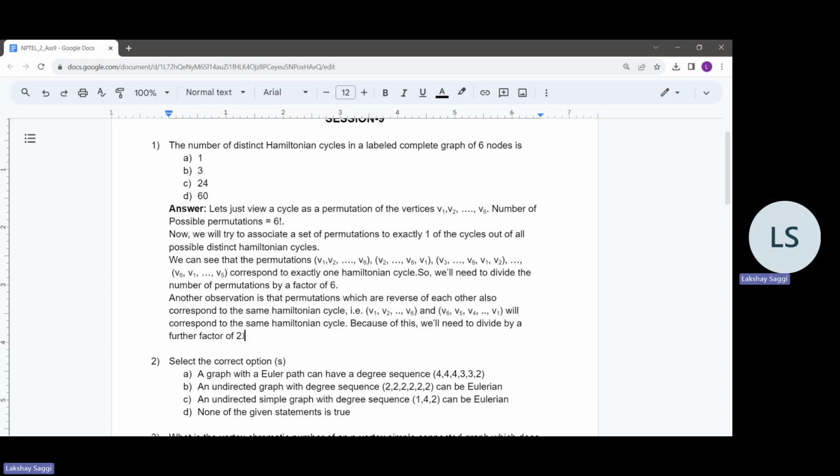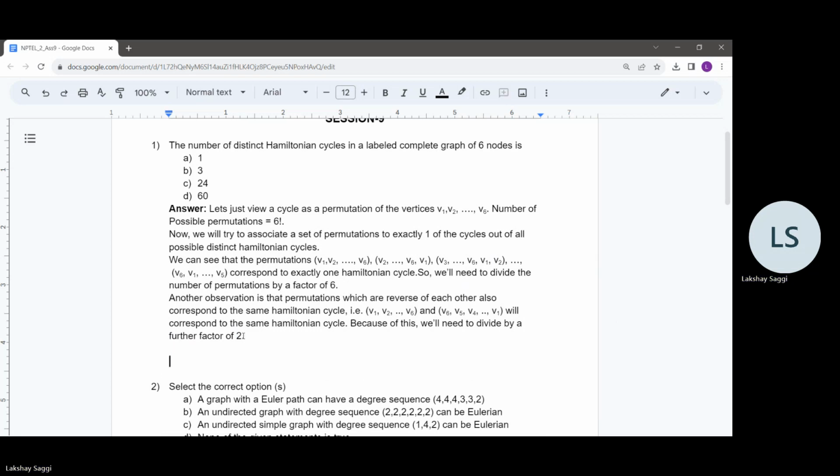So the final answer will be, just laying down the answer, 12 permutations correspond to exactly one unique Hamiltonian cycle. And why is it unique?